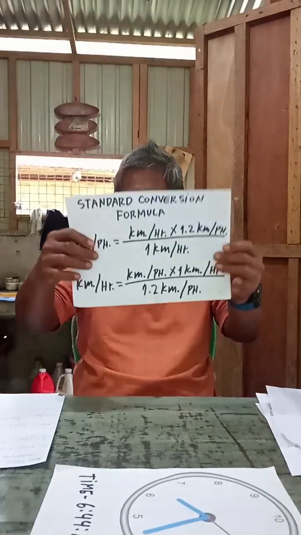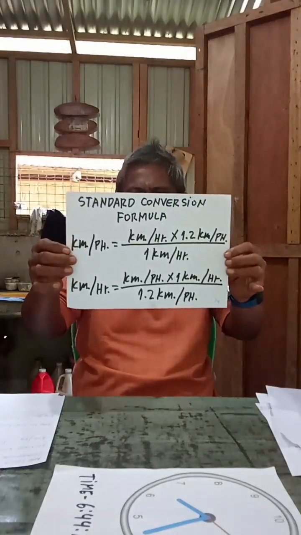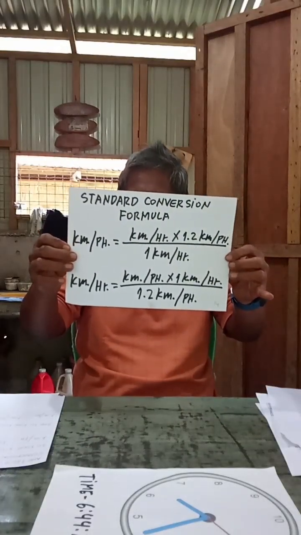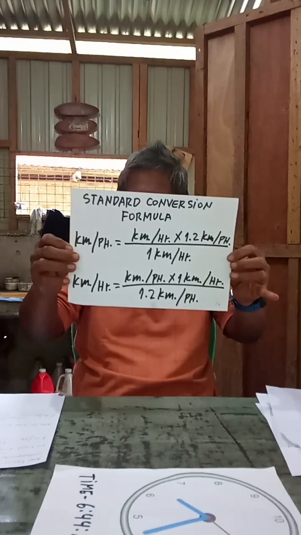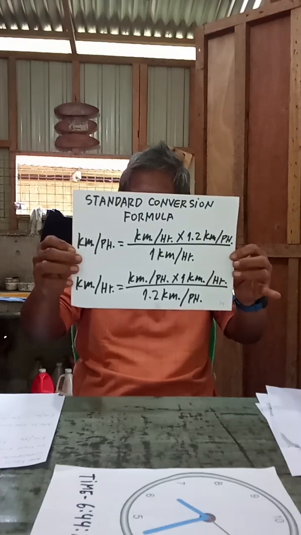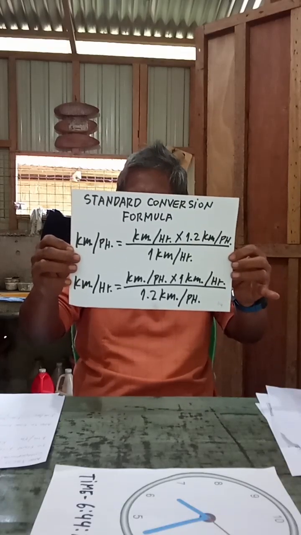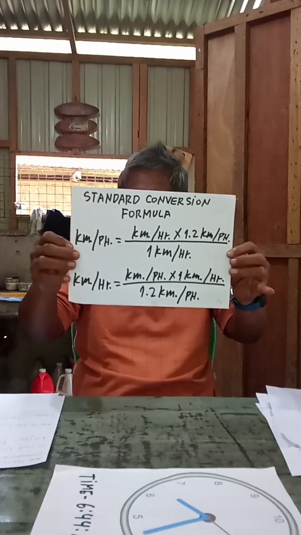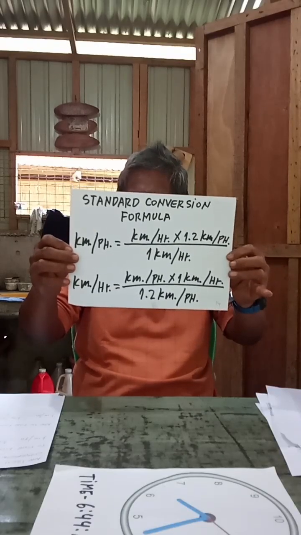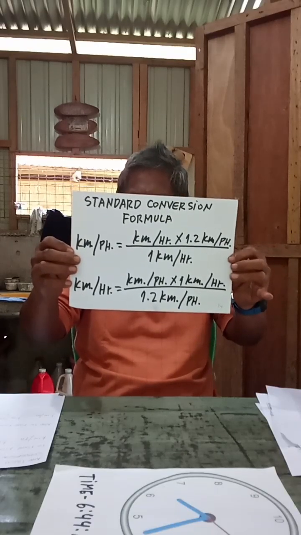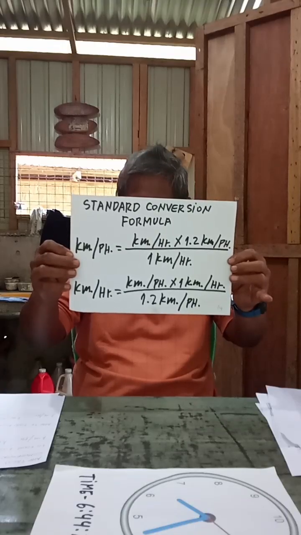So, our standard conversion formula. To find kilometer per perihour is kilometer per hour times 1.2 kilometer per perihour over 1 kilometer per hour.